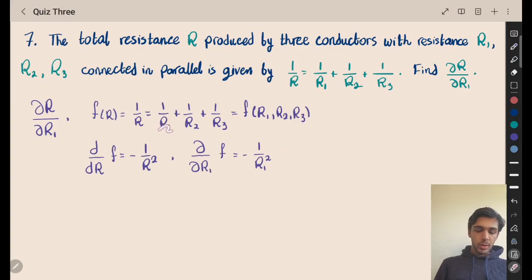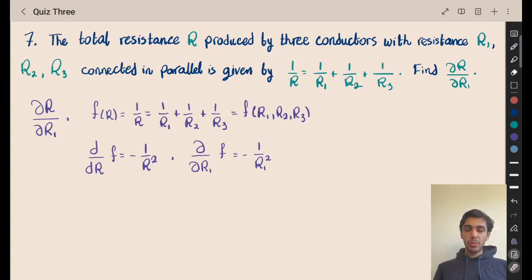Simply because we consider this equivalent expression. And for this equivalent expression, we take the partial derivative of f with respect to r1. If we're taking that with respect to r1, then r2 and r3 are treated as constants. In other words, these do not change with respect to r1, and so they are neglected. That is good.